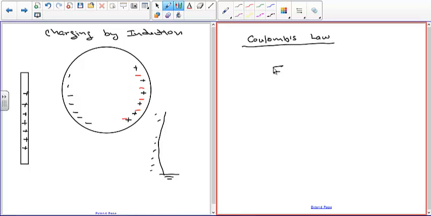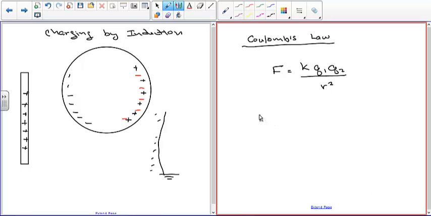Coulomb's law says the force between two charged particles is equal to a constant, K, Coulomb's constant, times the charge on one object multiplied by the charge on the other object, divided by the distance between the two charges squared. It looks pretty much like the law of gravitation, except instead of masses, we have charges. But we still have a distance. The sign of the charges governs whether it is attractive or repulsive.